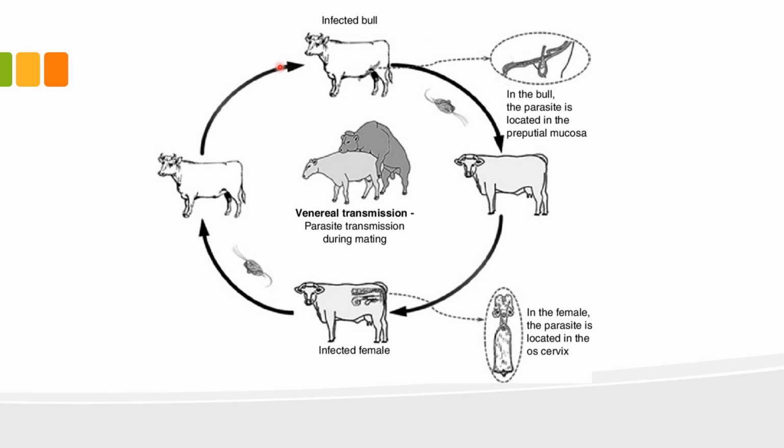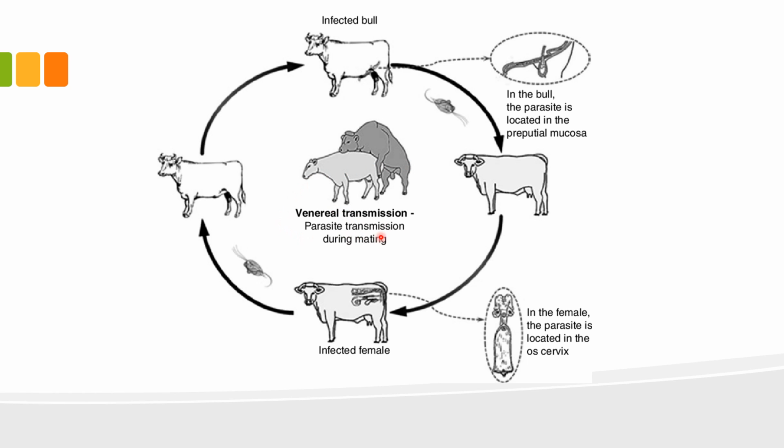So we have here the illustration of the life cycle of Trichomonas fetus. We have here an infected male, and we also have here the infected female. In the infected male, particularly the bull, the parasite is located in the preputial mucosa, and in the female, the parasite is located in the os cervix.